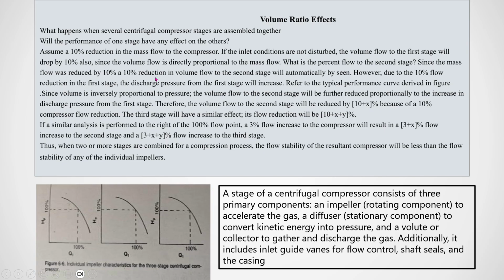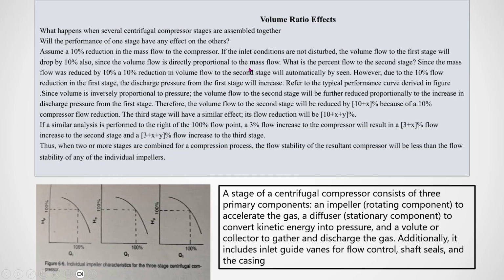Suppose the compressor is running and we decide to reduce its load by a 10% reduction in the mass flow to the compressor. Other conditions remain unchanged, so the volumetric flow of the first stage will drop by 10%, since volume flow is directly proportional to mass flow.